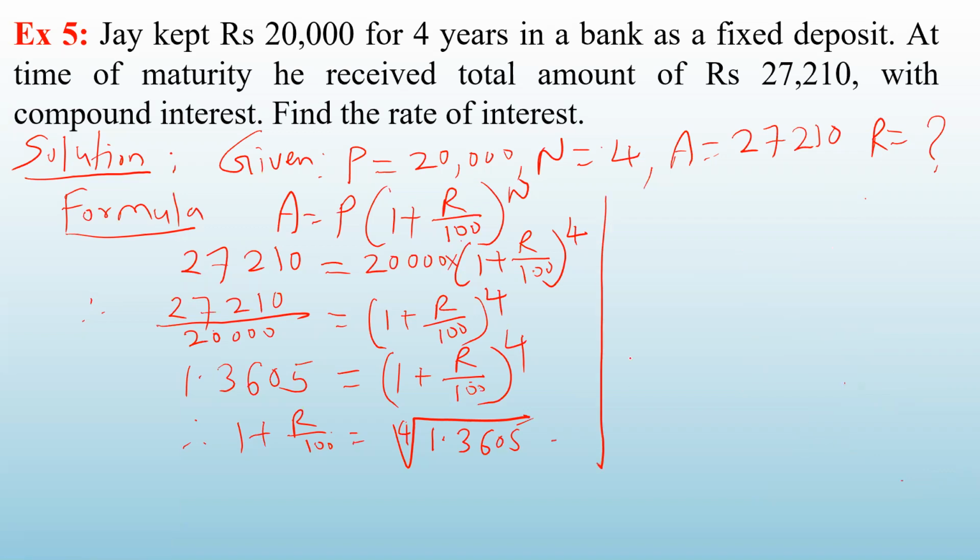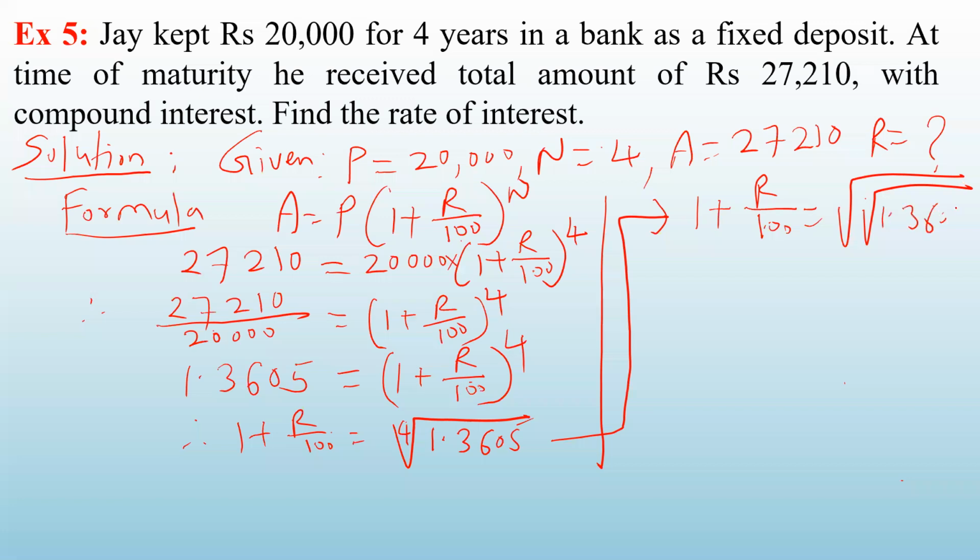So we continue here. 1 plus r upon 100 is equal to the fourth root. That means you have to take 2 times the square root of 1.3605. You can use your calculator to calculate this.